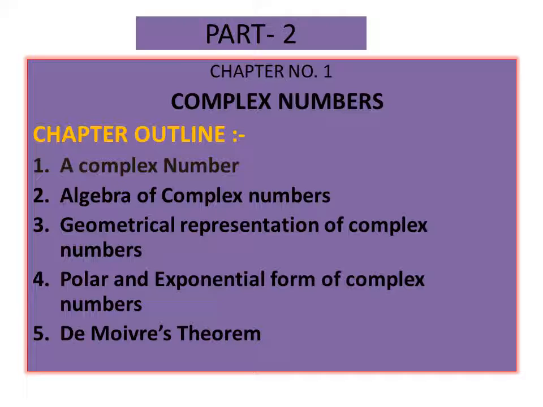Algebra means the fundamental operations on these numbers, meaning addition, subtraction, multiplication, division, how we perform these operations on complex numbers. And what is the geometrical representation of complex numbers? Polar and exponential form are the two forms of complex numbers, and how we form this type of complex numbers, and what is the theorem about complex numbers. This is the outline for complex numbers.